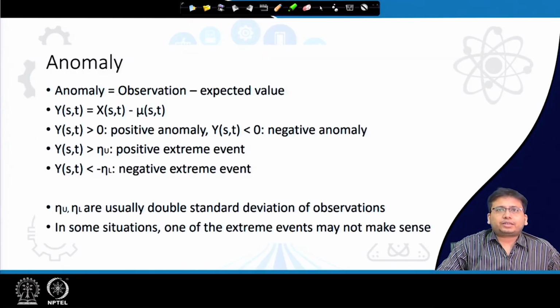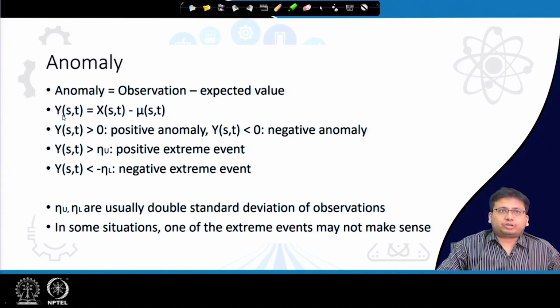So, let us begin with the definition of anomaly, which we already covered in the last lecture. Anomaly is basically just the deviation of an observation from its long term expected value. Suppose the observation at any given location and time is x of st and its climatology is mu of st. As we had discussed in the last lecture, this might be the spatial or temporal climatology also.